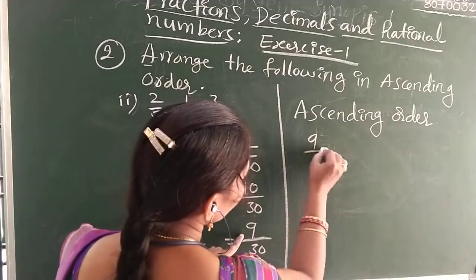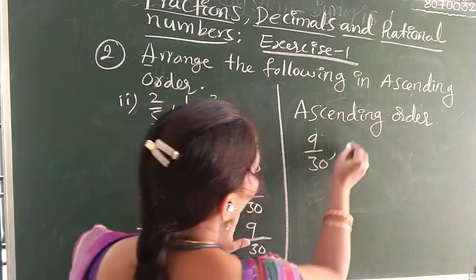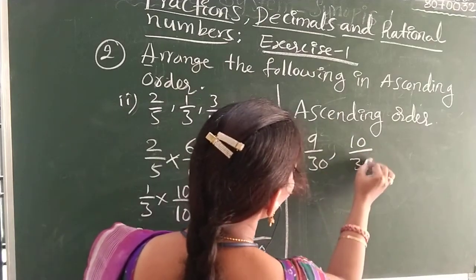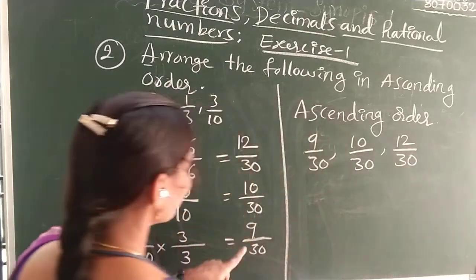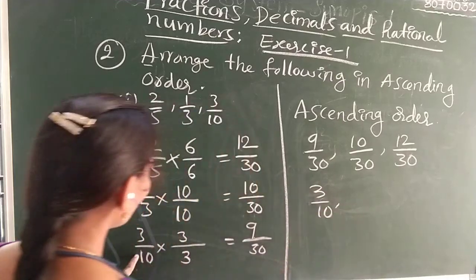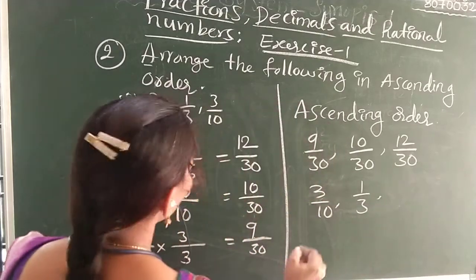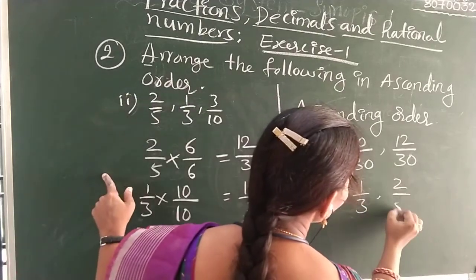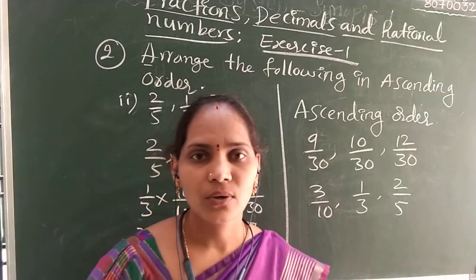So 9 by 30, next small number 10 by 30, next small number 12 by 30. Corresponding fractions also: 3 by 10, next 1 by 3, next fraction 2 by 5. This is the ascending order of the given fractions. Okay, thank you.